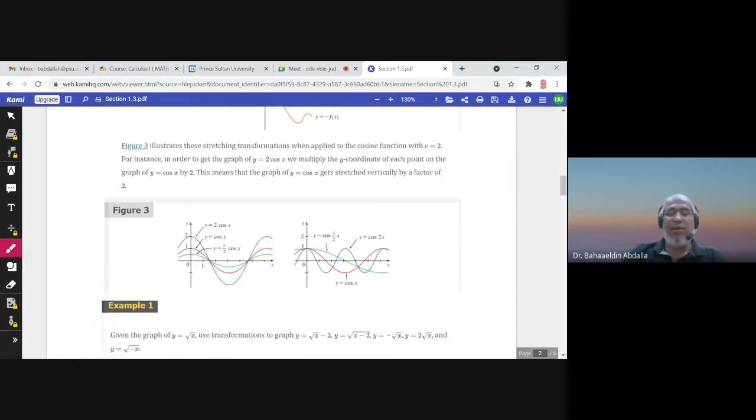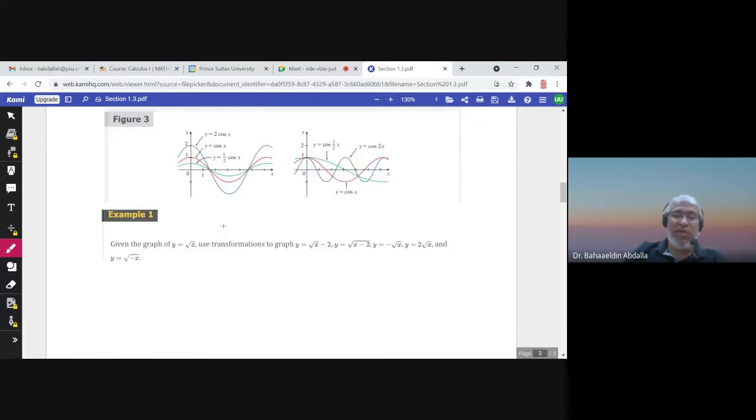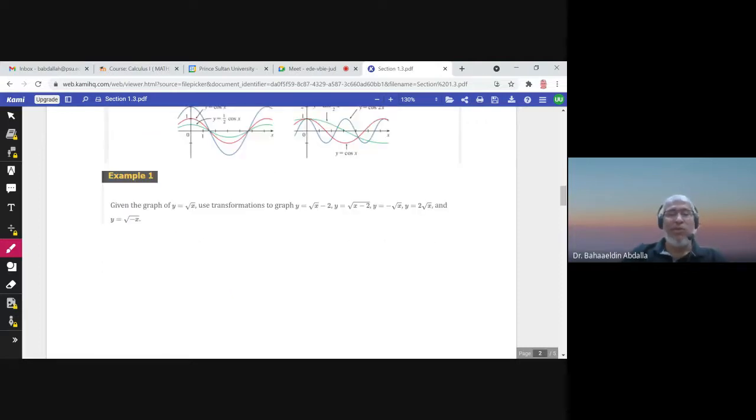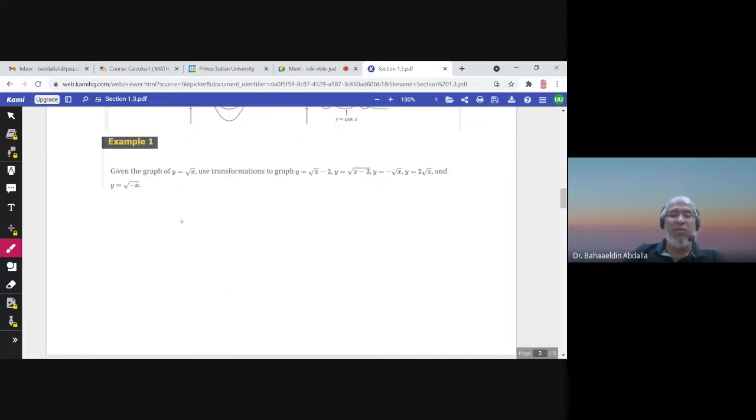For example, here, what to do when you multiply by 2? You are multiplying each y by 2. Each y coordinate, you are multiplying it by 2. All right, this is an example. Given the graph of y equals square root of x, of course, square root of x has this graph.